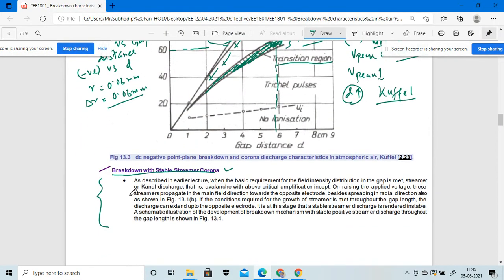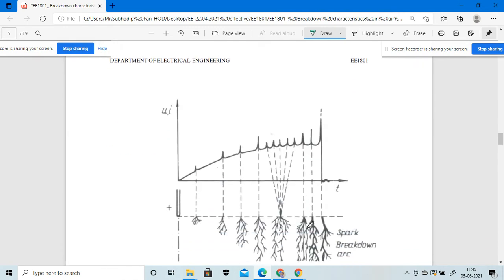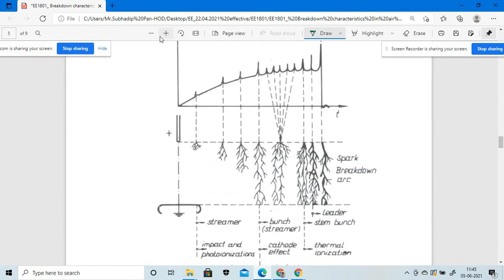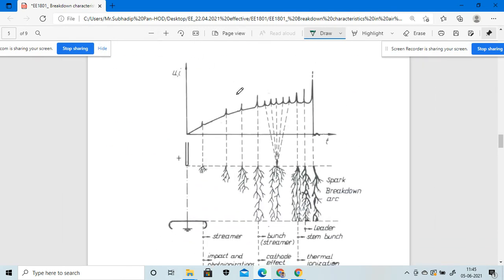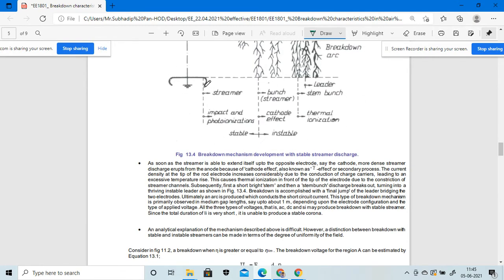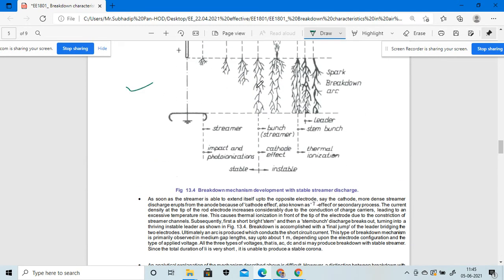In case of a streamer corona, what happens? In this particular case, this particular figure will explain the breakdown mechanism developed with a stable streamer discharge, right?